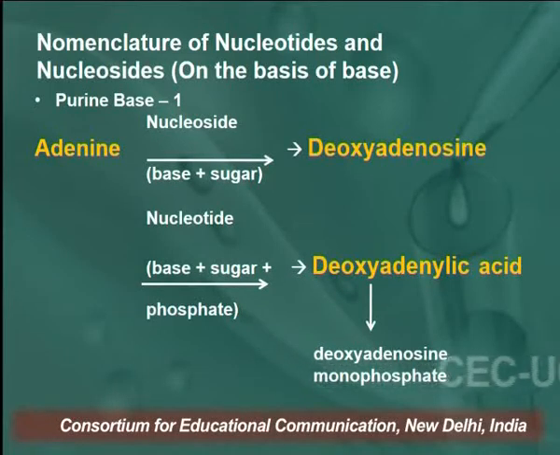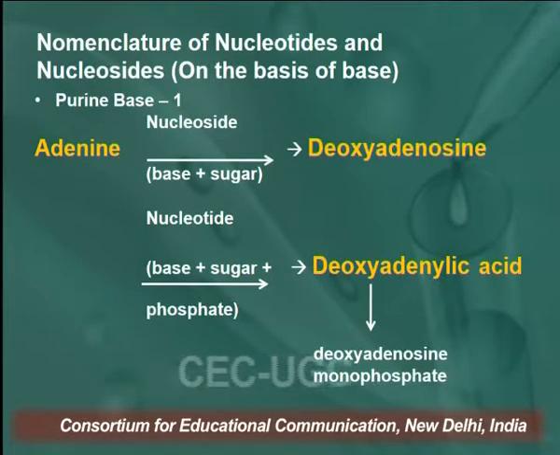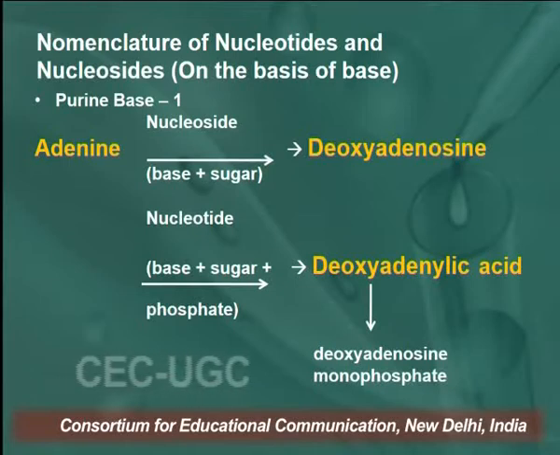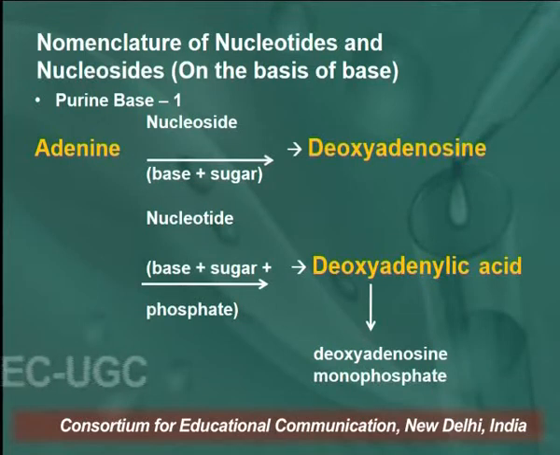So if a nucleoside has the adenine base attached to the C1 anomeric carbon atom, and the sugar is deoxyribose sugar, we call it deoxyadenosine. Similarly, if it is a nucleotide, we call it deoxyadenylic acid or deoxyadenosine monophosphate.